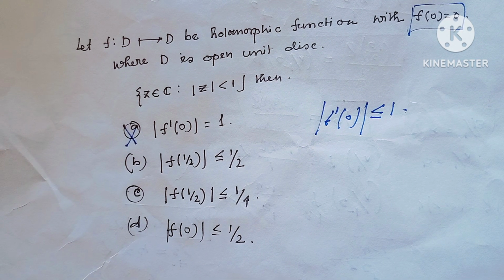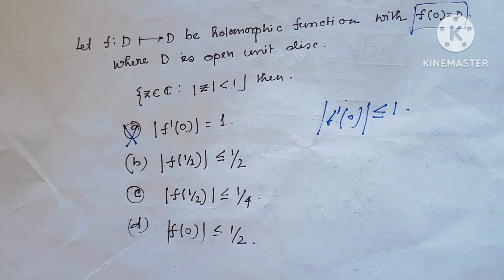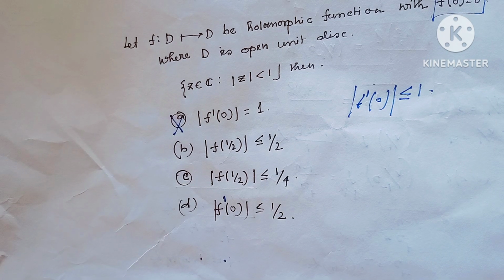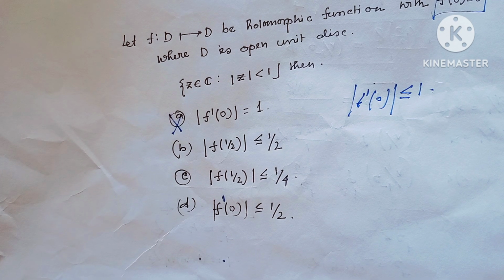Second, notice the fourth option: |f'(0)| ≤ 1/2.